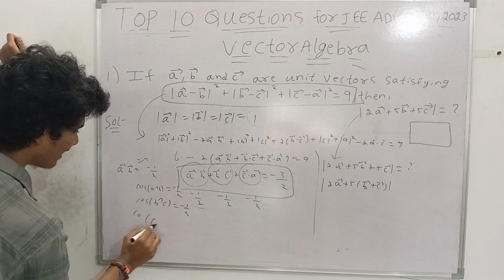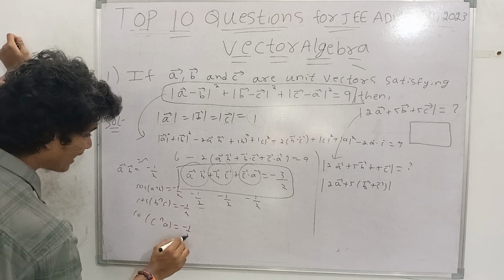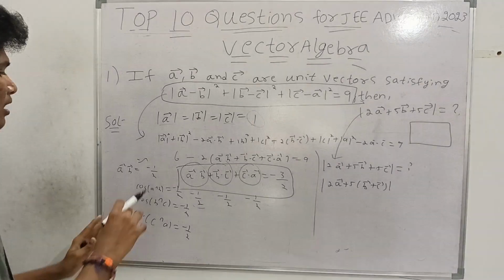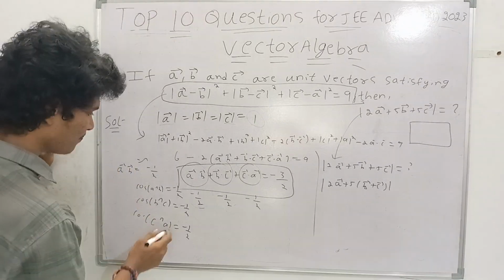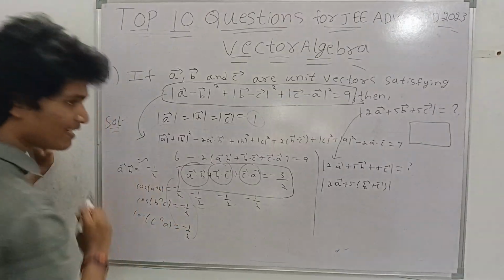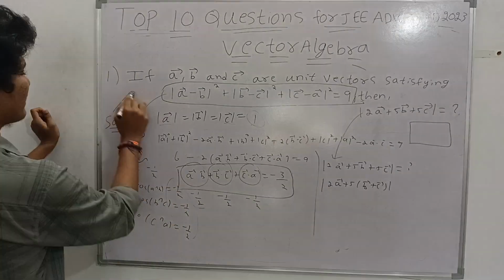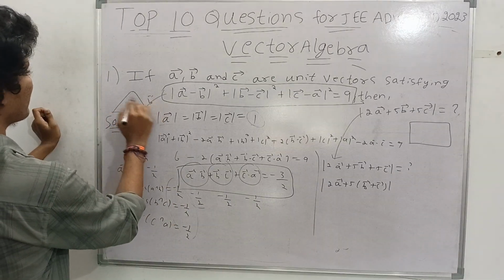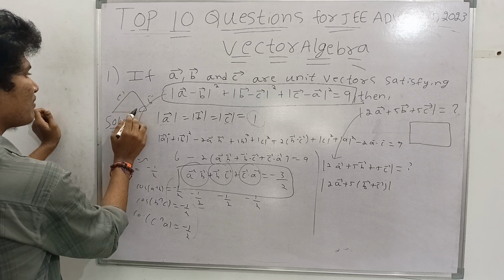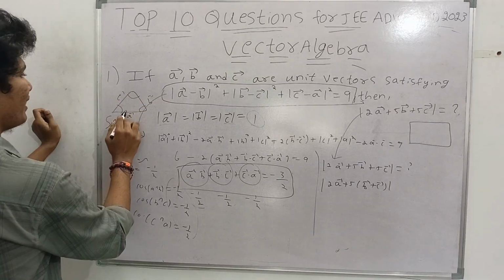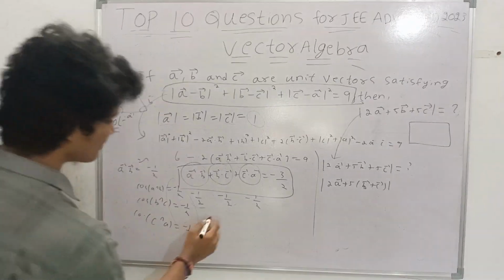It is clearly visible that these vectors form a triangle, because the angles between the three are equal. This is vector A, this is vector B and this is vector C. The angle AB equals angle BC equals angle CA. It is very important: this is forming a triangle.